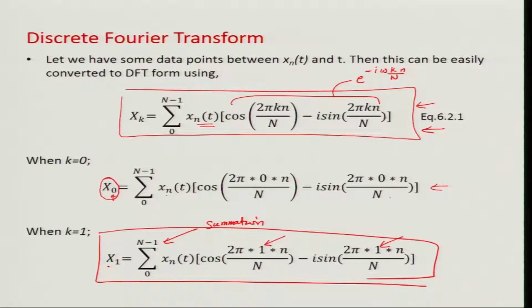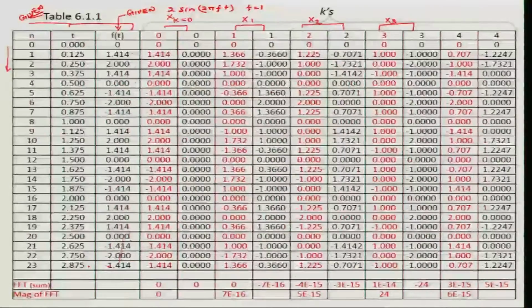So, in this way I have been able to calculate X0, X1, X2, X3 and so on and so forth. These two columns are for X0, these two columns are for X1, these two columns are for X2 and so on and so forth. And as I said, each X will have a real and an imaginary part. So, I have listed those here.